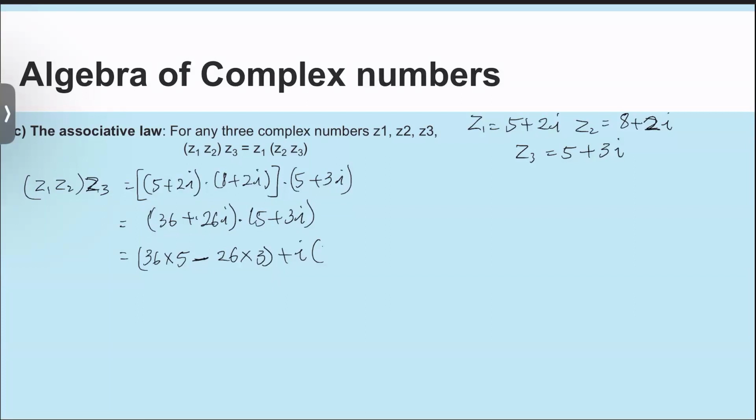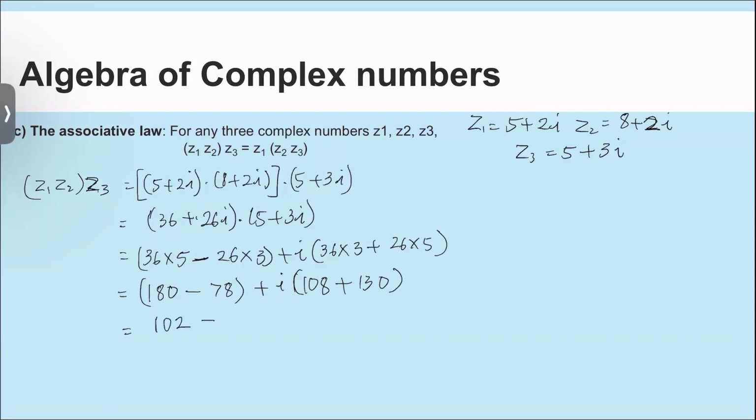AD is 36 multiplied by 3 plus BC, 26 multiplied by 5. So you solve it further, and what we are getting is 102 plus 238i. So this is what we get for the product of Z1 Z2 multiplied by Z3.